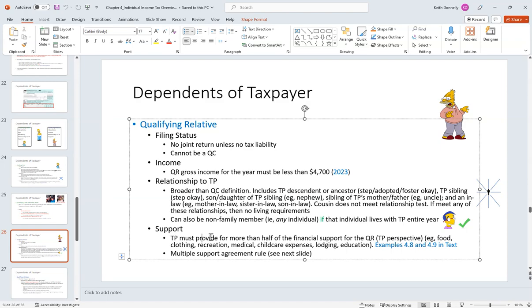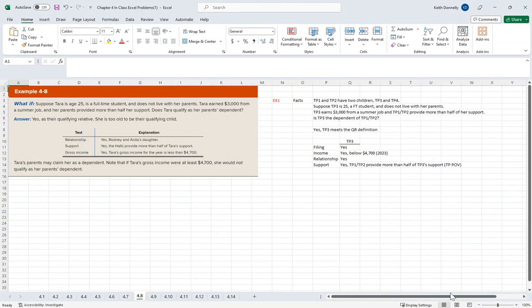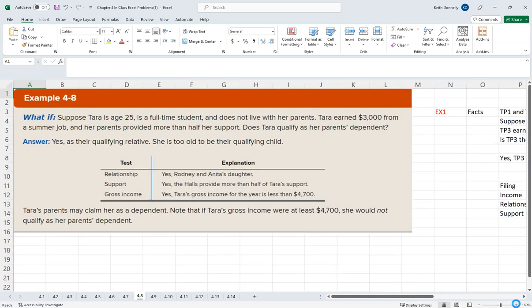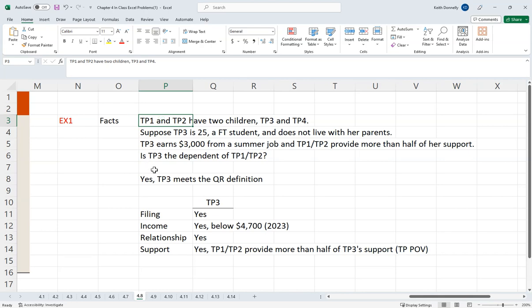So let's look at 4.8 and 4.9 to give some items here. All right, so we've got the two kids again. It looks like one kid is 25 years old and a full-time student, and doesn't live with the parents.